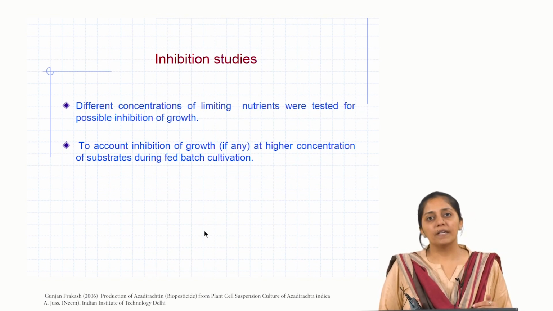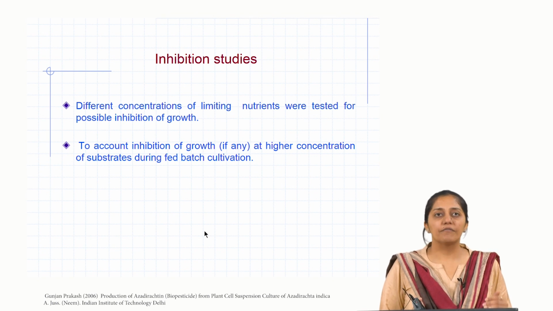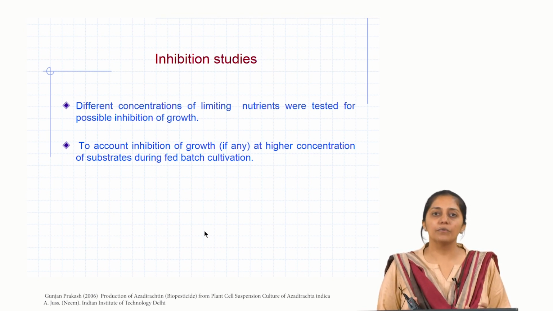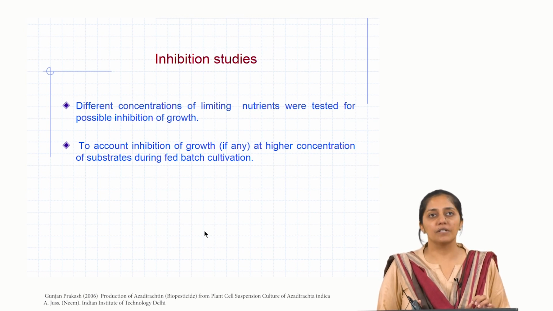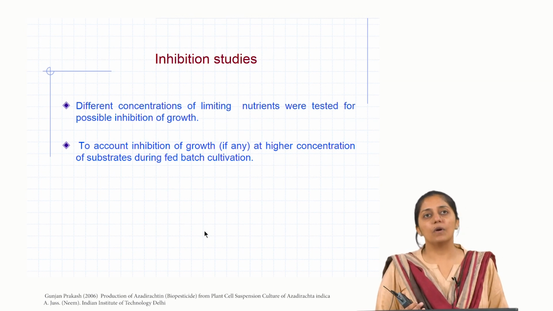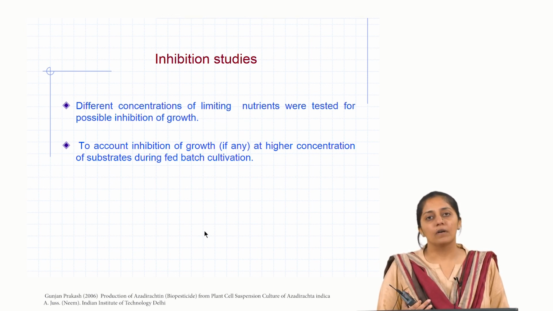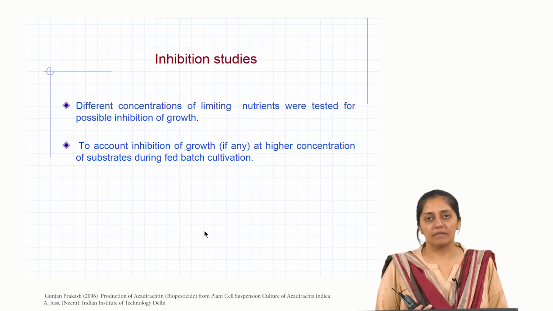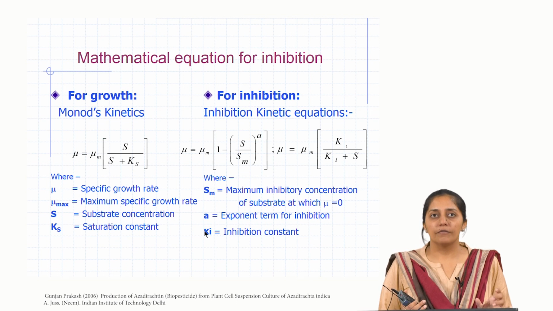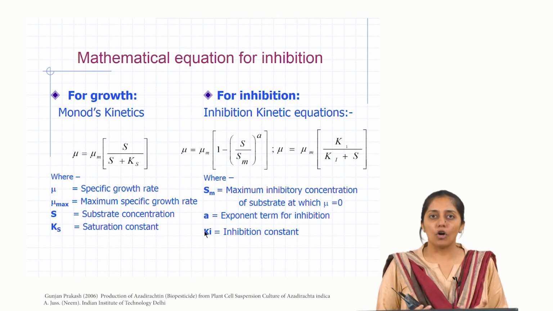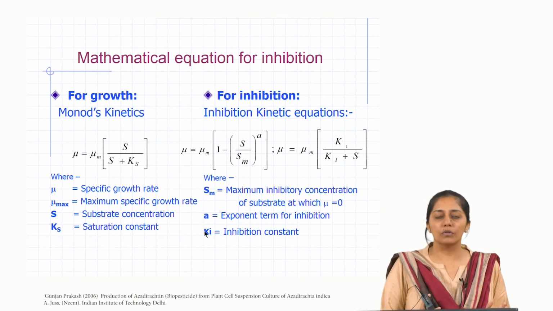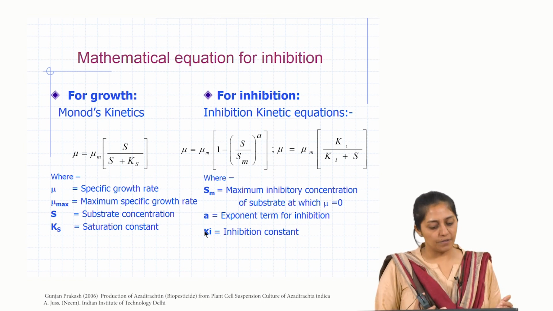So, before beginning to develop the mathematical model, they did inhibition studies in which different concentrations of the limiting nutrients were tested for possible inhibition in growth of the culture. So, this was done to account for inhibition of growth at higher concentrations of substrate which will be fed during the fed batch cultivation. The different model equations which were incorporated to account for growth and for inhibition were as follows.